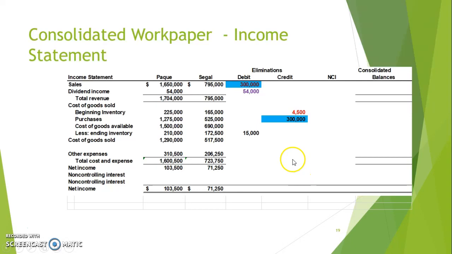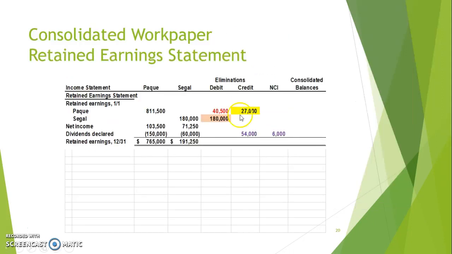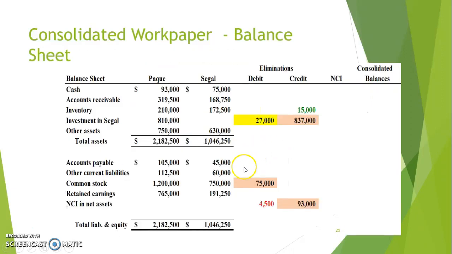So those entries here, you're going to see the dividend income of 54 is debited with 54 in the eliminations column. This would completely eliminate that account. And in the retained earnings statement, dividends declared credited with 54,000 is captured in the NCI column.